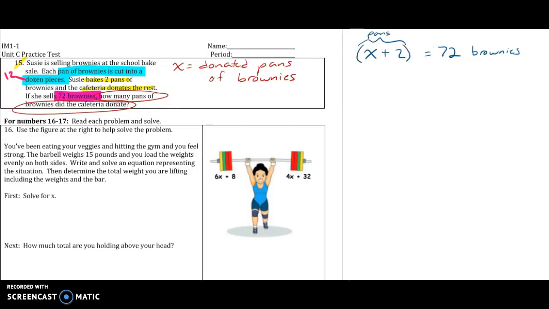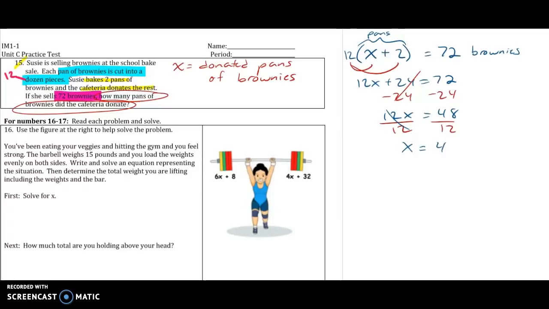But we know that each pan makes 12 pieces. So now we can solve. Four pans.